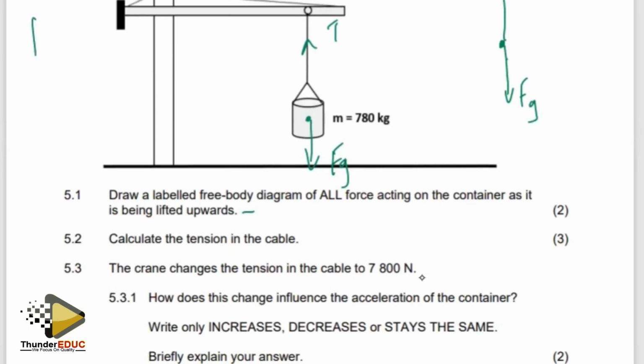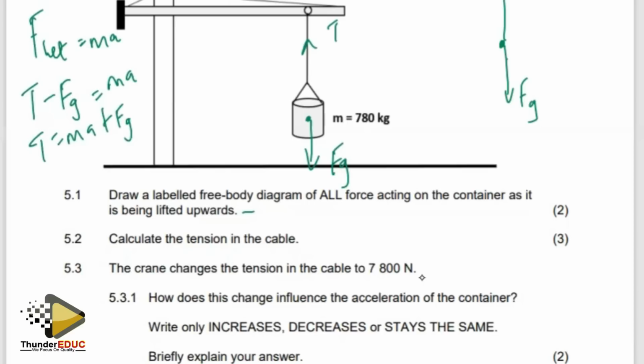So still from F net is equal to MA. We know that our tension minus the FG, since it's being lifted up, which means the tension must be greater, should give us the MA. The question wants the tension, which means it will be the MA plus the FG.